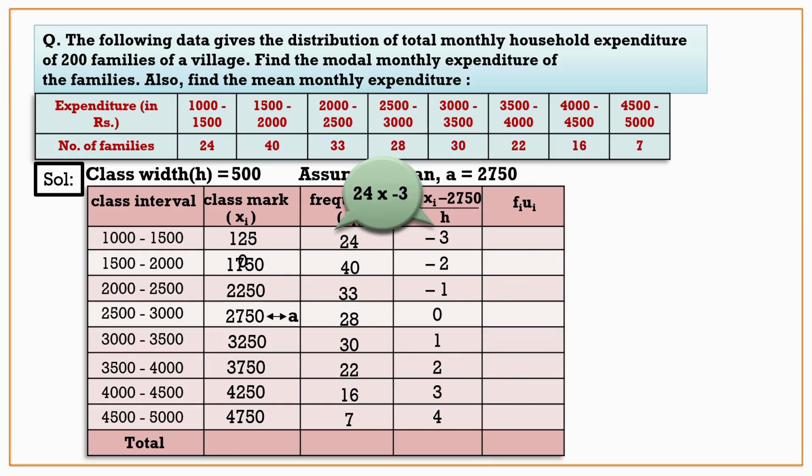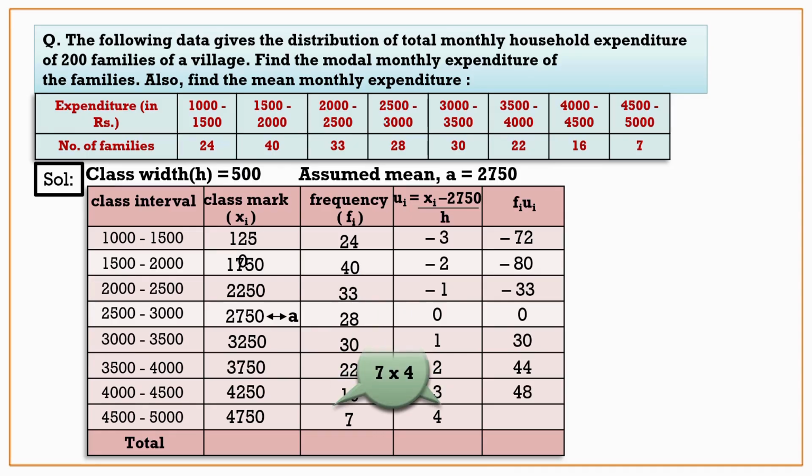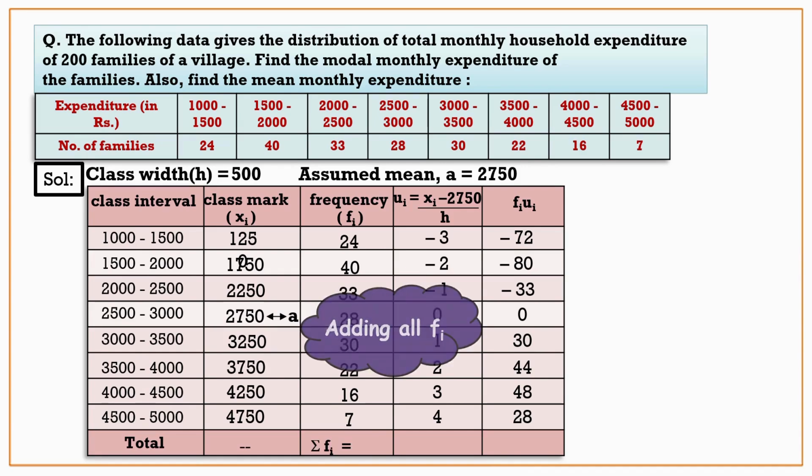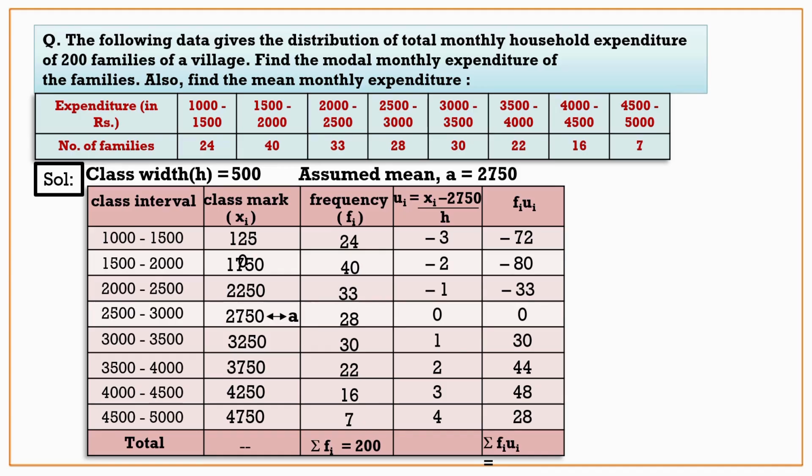Now let's calculate fi ui, just multiply ui with fi. And finally, we need to do the summation of fi, means adding all the fi's, and also the summation of fi ui, means adding all the fi ui.